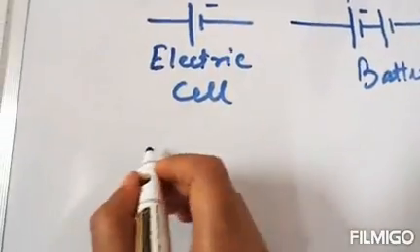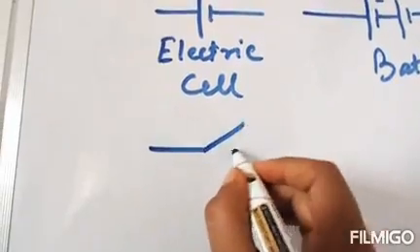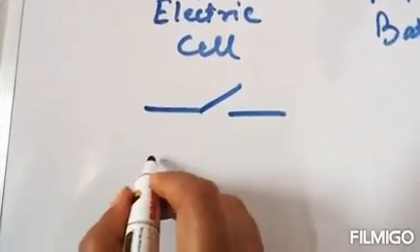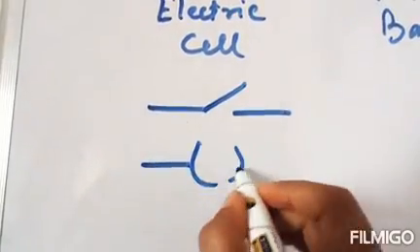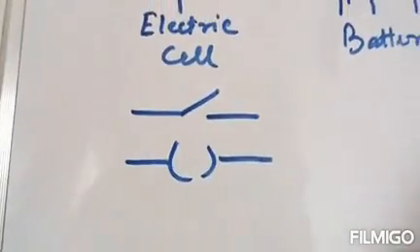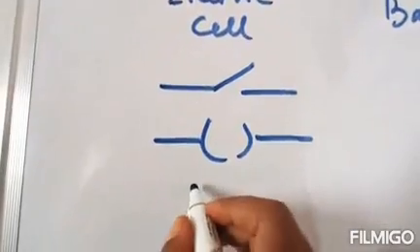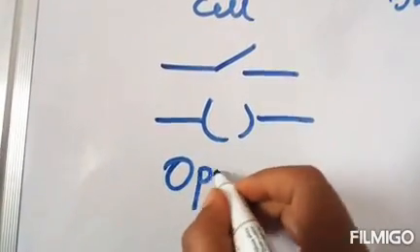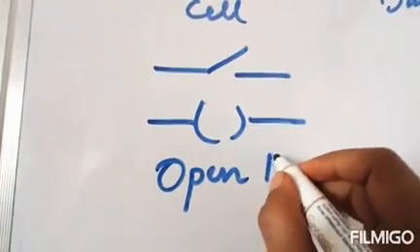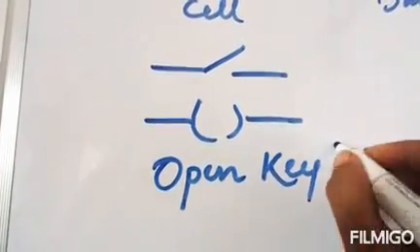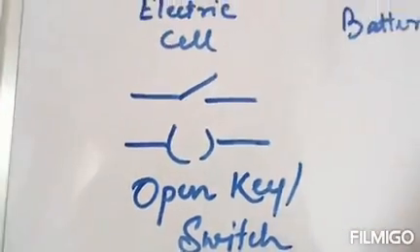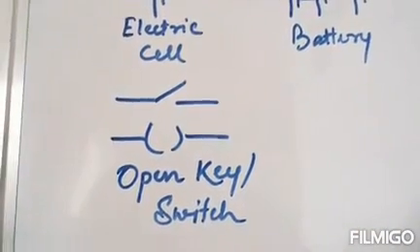Next we have the plug. A plug can be denoted in this way also, and in this way also. This is known as a plug, but this condition of the plug is known as open. It is also known as a key or switch. This is the key or switch which is open.